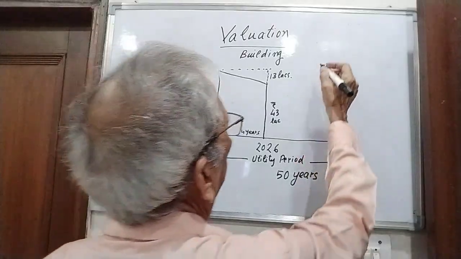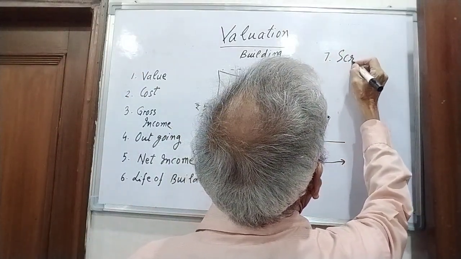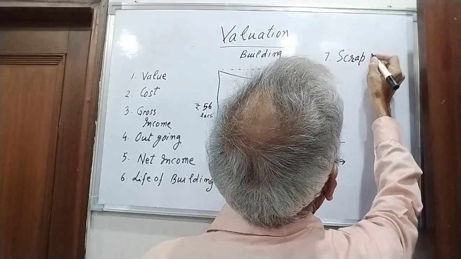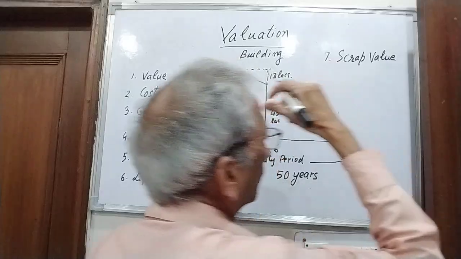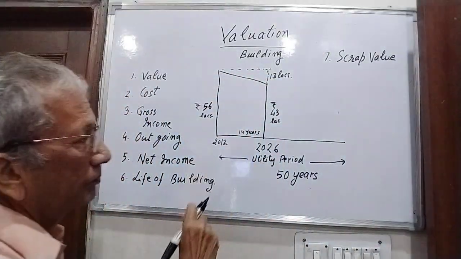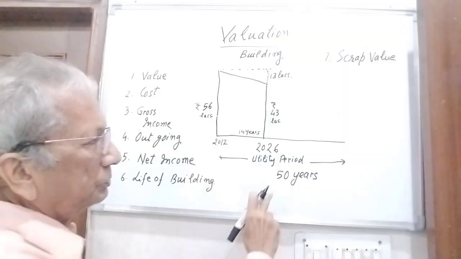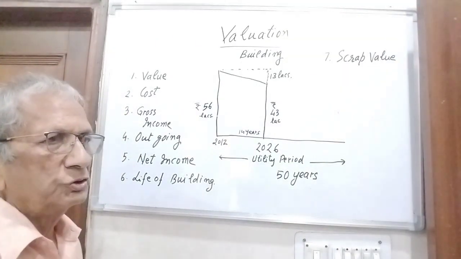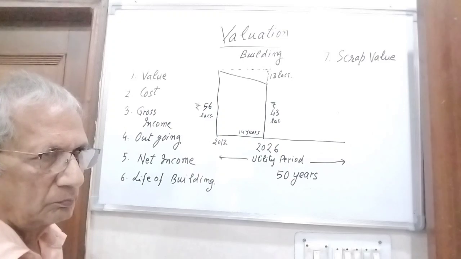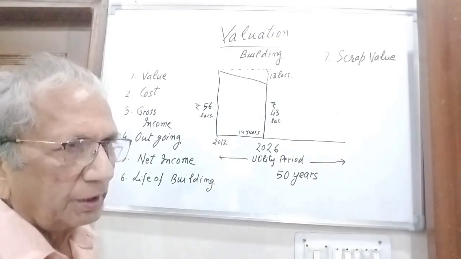Next, scrap value. Scrap value means after completion of utility period, that is 50 years, the value of the building is very less and we are getting very less income.